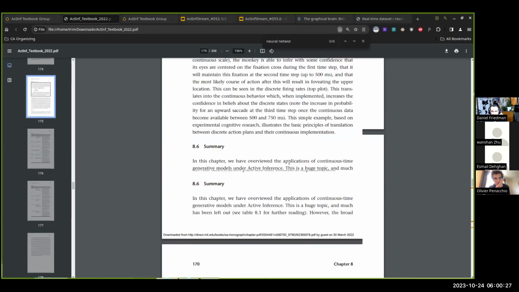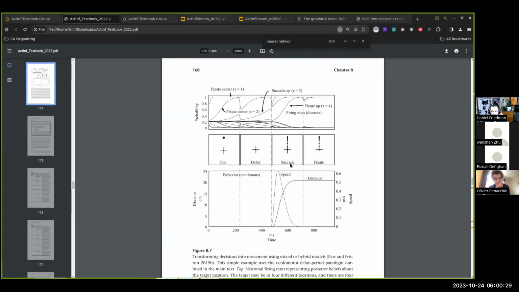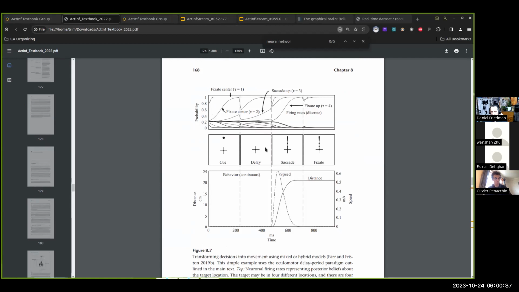Correct. In the examples here, the generative model was specified and then synthetic data were generated. So that's the forward direction. Chapter 9 is where we get into the discussion of what if we have empirical data and we want to parameterize the generative model.